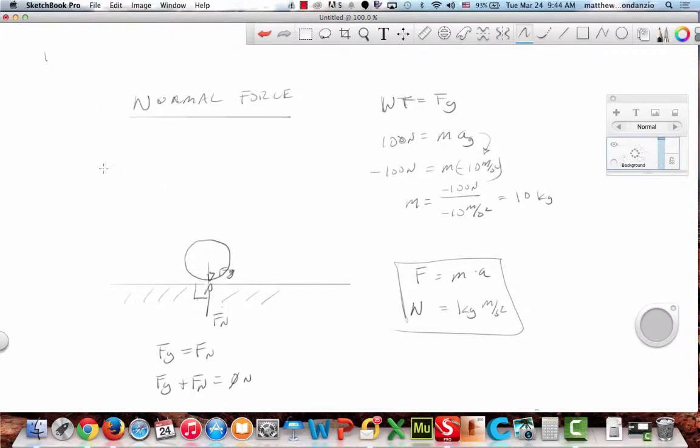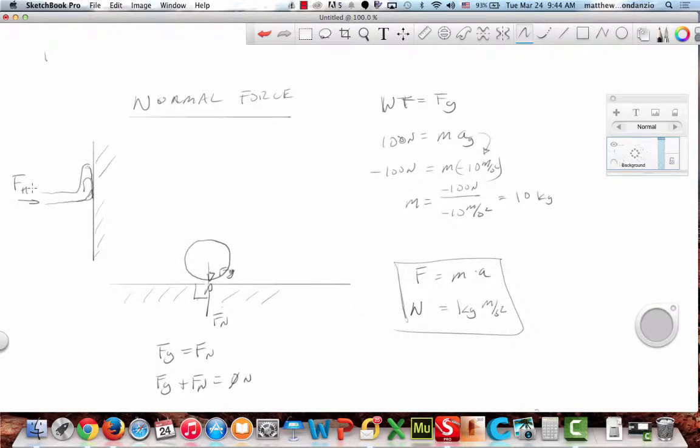Okay? Here's another example. Let's say I have a vertical wall. Let's say I have my hand. I'm going to draw a really horrible looking hand. Okay? And I'm pushing with a force of hand against the wall. Where's my normal force? Do I have a normal force?